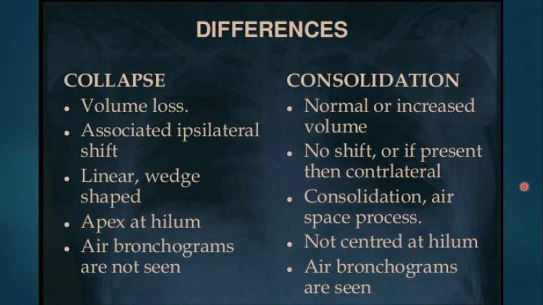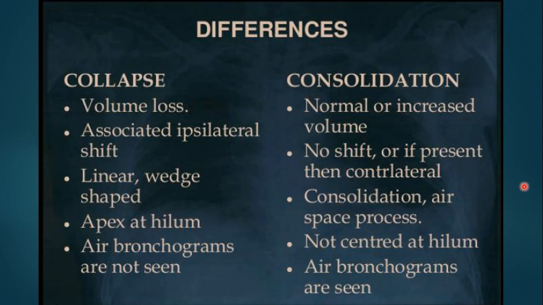What if we have signs of volume loss and we have air bronchograms? We said air bronchograms are seen in consolidation, while volume loss indicates collapse. So what if we see air bronchograms with signs of collapse? This is what we call collapse consolidation. It means that the pathology started with consolidation and is progressing to collapse.